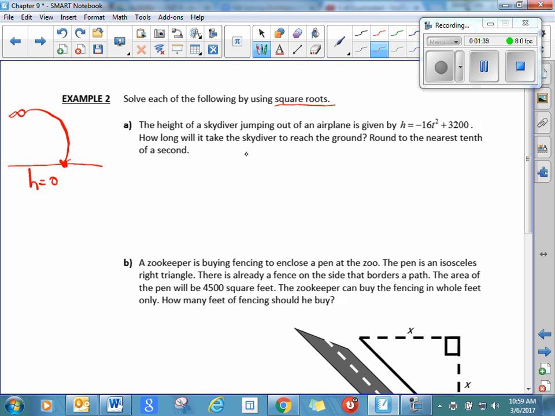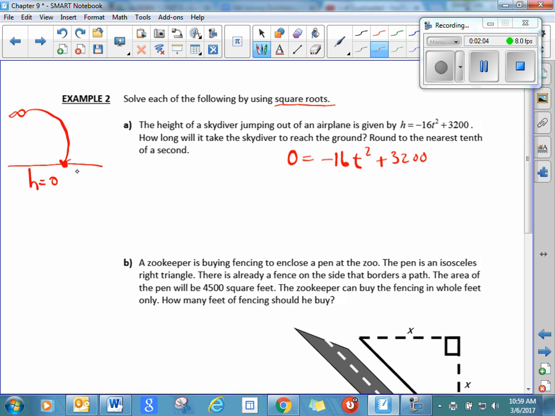So we're going to use that information to set up our equation. So we know our h is 0, and we want to know how long is it going to take him in seconds to get there. So here's our equation, the formula, and when does that equal 0? So that's either before he's left the ground, when he's still sitting on the plane on the tarmac, or when he actually comes back down and he's at 0.